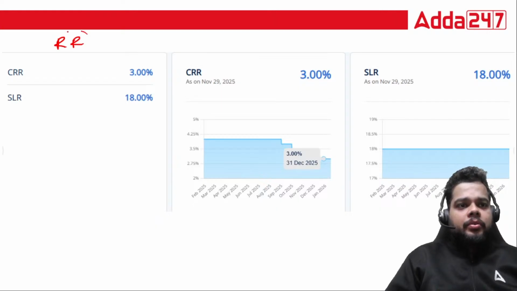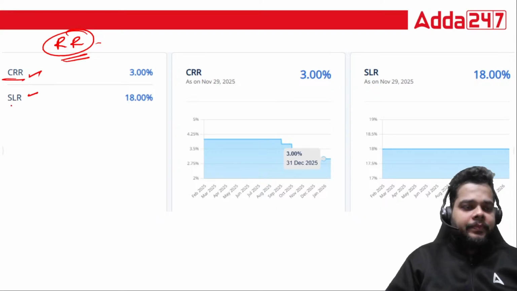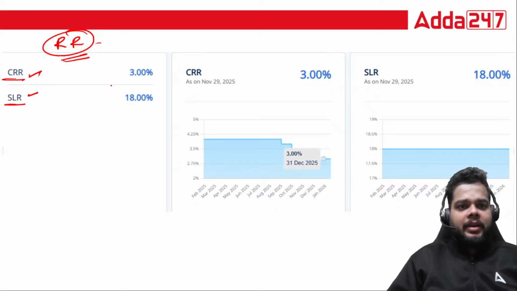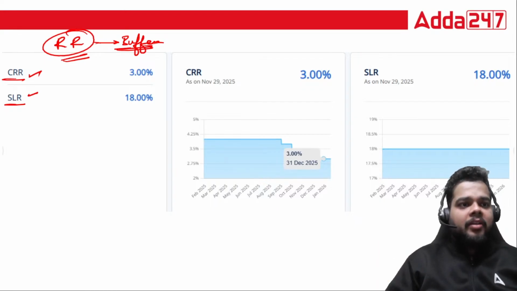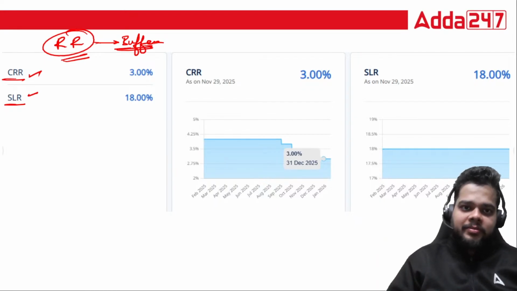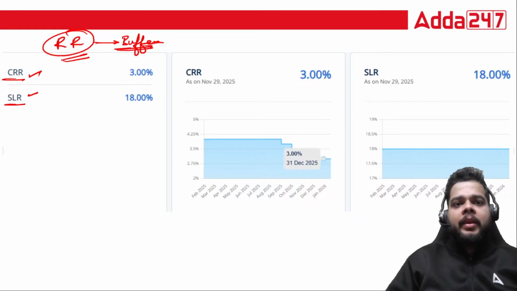Then come the reserve ratios, the RRs. We have two types of reserve ratios in our country: the cash reserve ratio and the statutory liquidity ratio. So what is this CRR or the SLR? Simply stated, in order to provide a buffer to our banking system, the RBI has stipulated that the banks must maintain a certain amount of the funds which they have accumulated over a period of time in the form of CRR, cash reserve, and the cash reserve will be in the form of cash and cash equivalents.